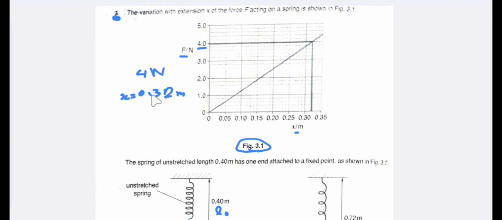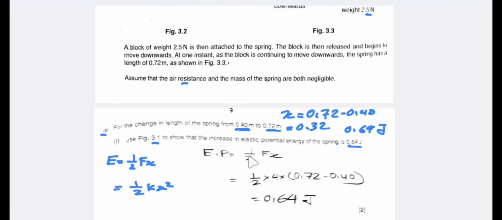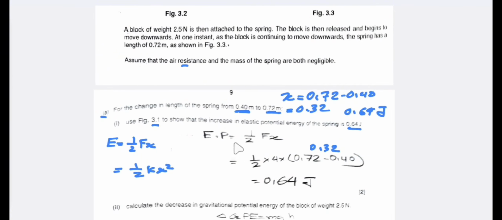This is x, that is the extension, final length minus initial length. So elastic potential energy would be half Fx, that is half into 4 into (0.72 minus 0.40), that means 0.32. So the elastic potential energy that we get is 0.64 joules to two significant figures as shown.